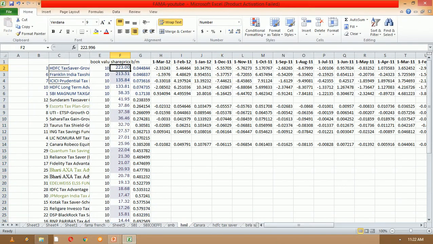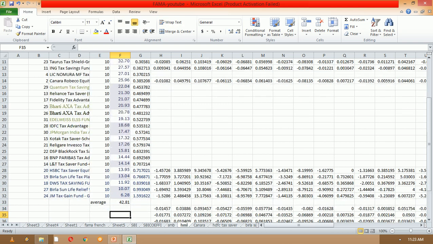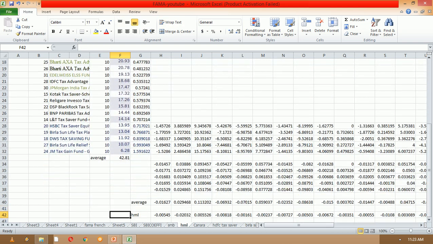So HDFC share price is high, whereas if you see asset, SBI Magnum is high. And again lower, JM Tax Gain, based on the share price. If you see asset, Escorts is the lowest asset. So like that again we'll calculate high minus low.